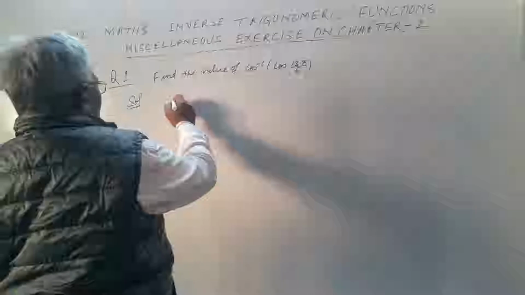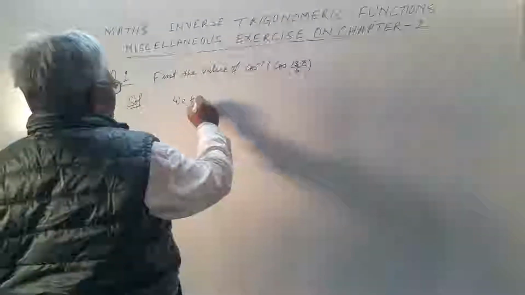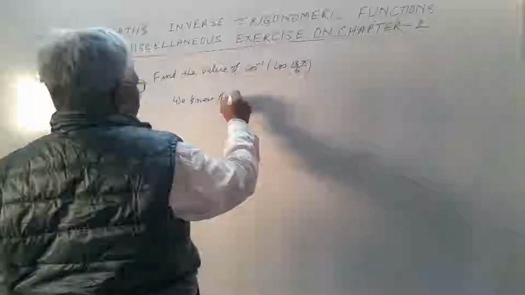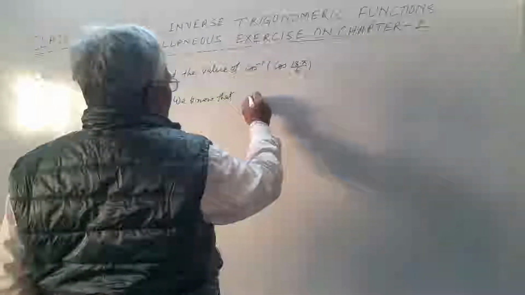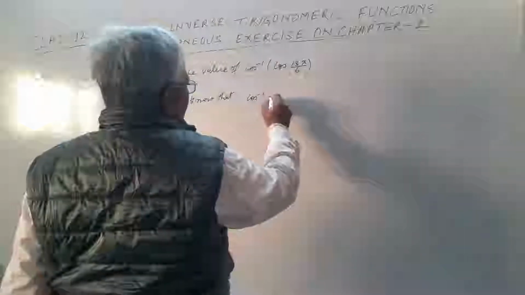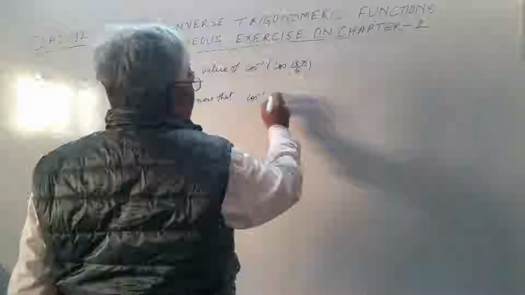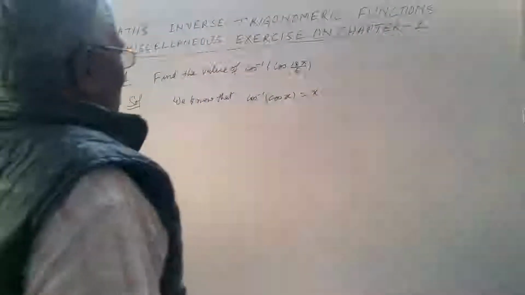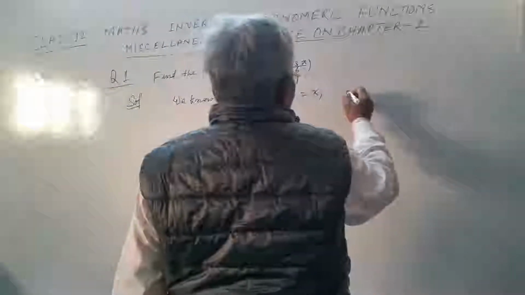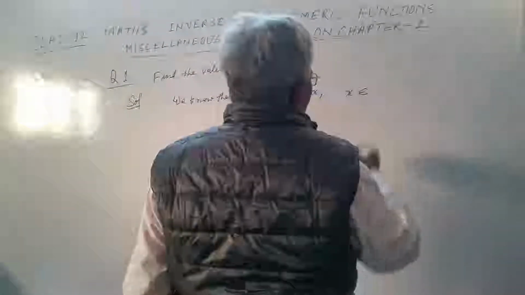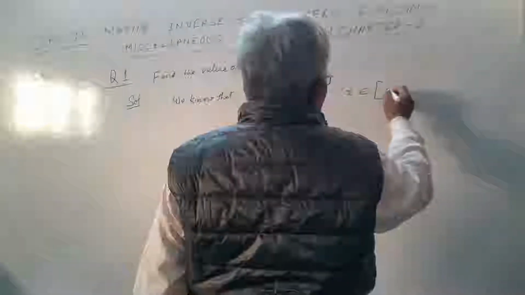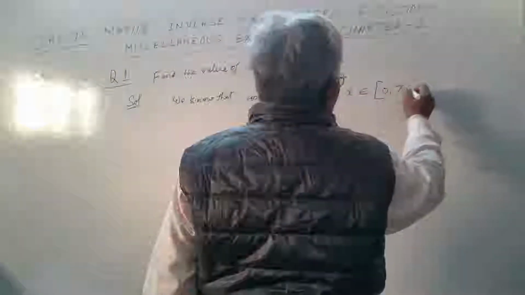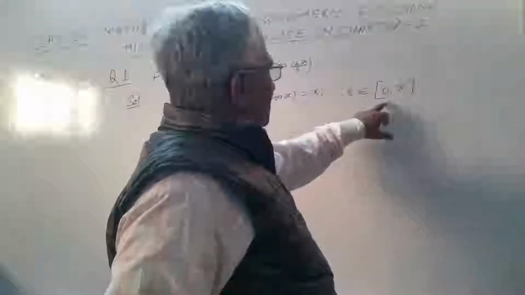Then we know that cos inverse of cos x is equal to x. This is the formula, and x must be an element of the closed interval 0 to pi. That means the value of x must be in between this.